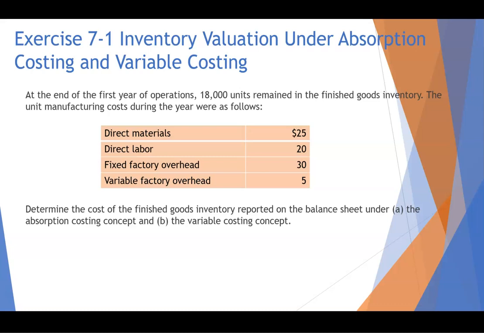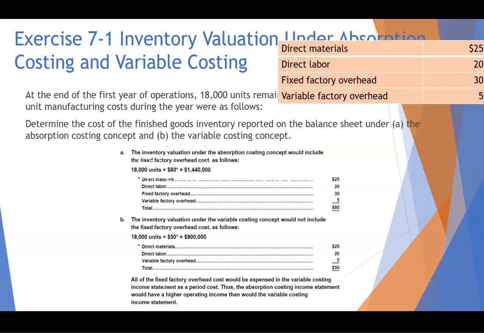The unit manufacturing costs during the year are shown here: direct materials of 25, direct labor of 20, fixed factory overhead of 30, and variable factory overhead of 5. We're going to determine the cost of finished goods inventory that is shown in the balance sheet using both those methods.